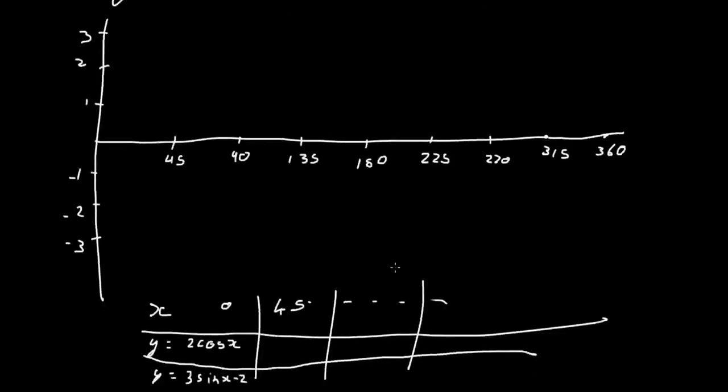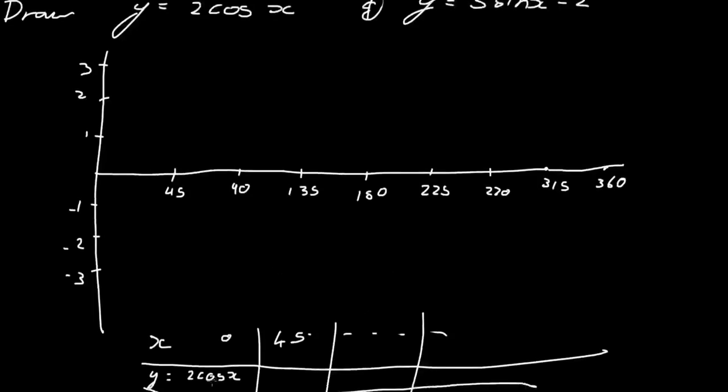Generate the table using your calculator. Obviously you'd have to do them separately, and you'll get your y values, and you put these points onto the graph and then sketch them in, okay? And this needs to be an accurate sketch because the problem's asking you actually to use these graphs to solve equations, and I'll show you how to do that now.